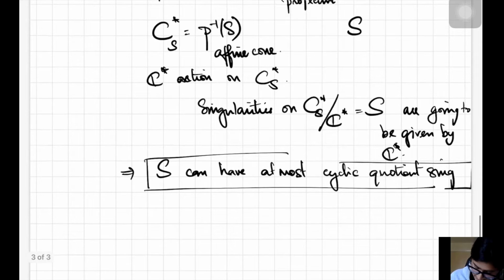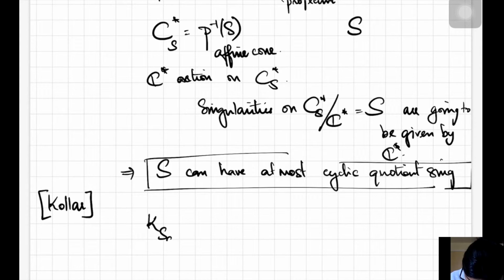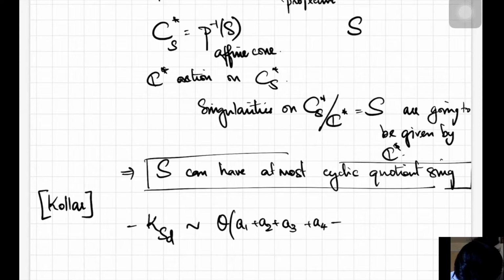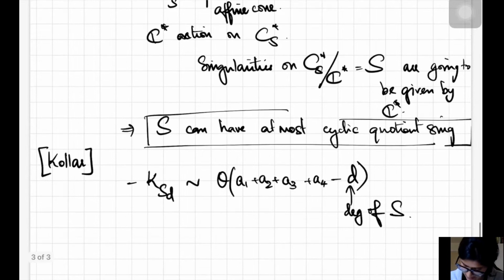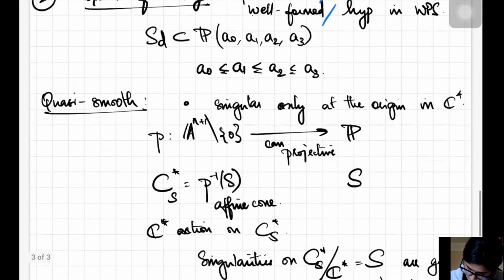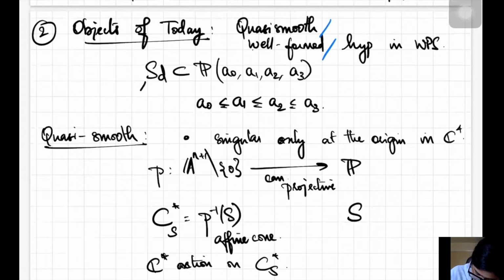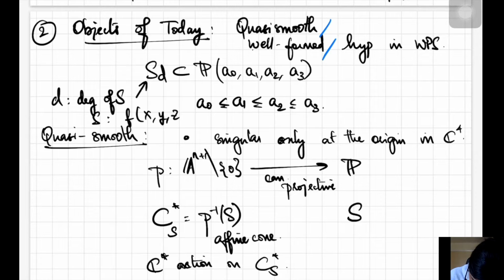And by a result of Kollár, we can then write down what our canonical or anti-canonical is. This is nothing but the sum of your weights minus the degree, where D is the degree of my surface S. When I say D is the degree of the surface, I just mean that S is given by a polynomial F in these weights.